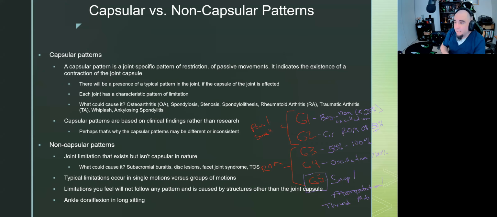I would still document in my notes grade 1 joint mobilizations performed anterior to posterior on patient shoulder, performed by, and I would indicate what PT did them. I'm still documenting that they were done, but I'm also putting in that note that I didn't do them. Does that make sense? That's kind of the weird way of doing it. And again, we will hit this harder when we get into joint mobs themselves, and once you guys kind of feel what a joint mob feels like.